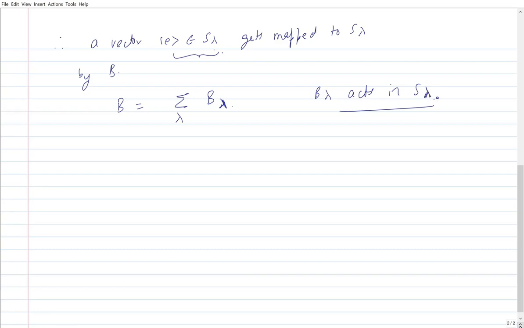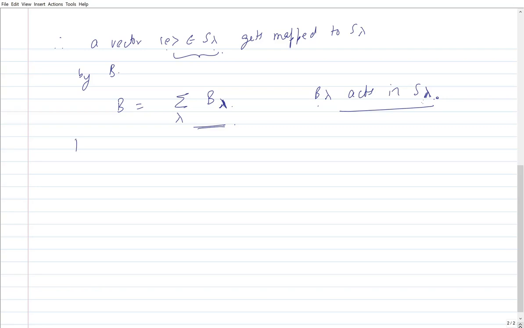Because I can carry out this process for any vector belonging to different subspaces, and in those subspaces the action of B is to map the vector back into the same subspace. So I write B as a combination of such a decomposition, each characterized by B lambda, which acts in the eigensubspace of A.